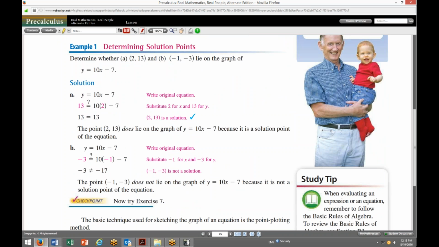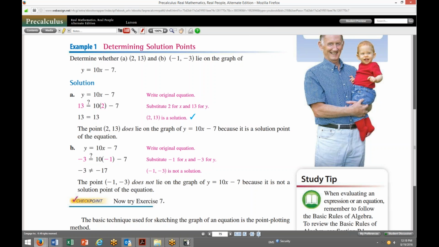They ask us to determine whether the ordered pair (2, 13) and also the second one, (-1, -3), lie on the graph of y equals 10x minus 7. If we plug in for part A, the ordered pair (2, 13), 2 for x and 13 for y, and then do our arithmetic, we see if we get a true result or not.